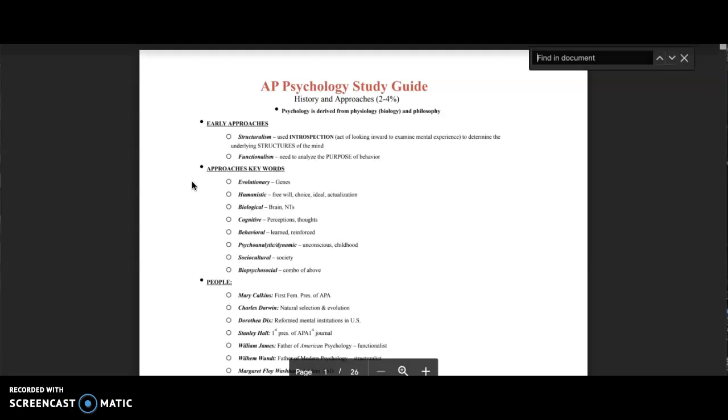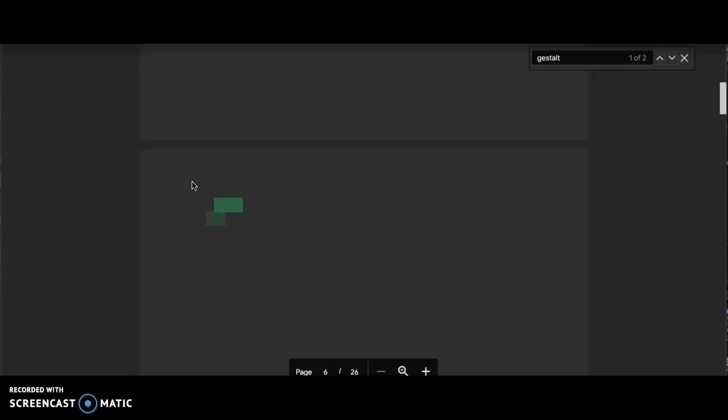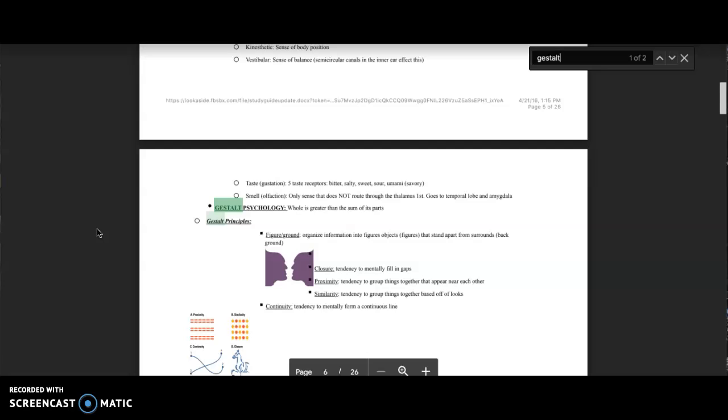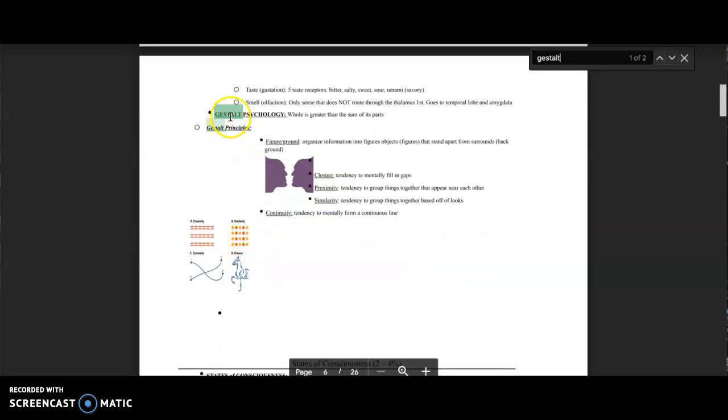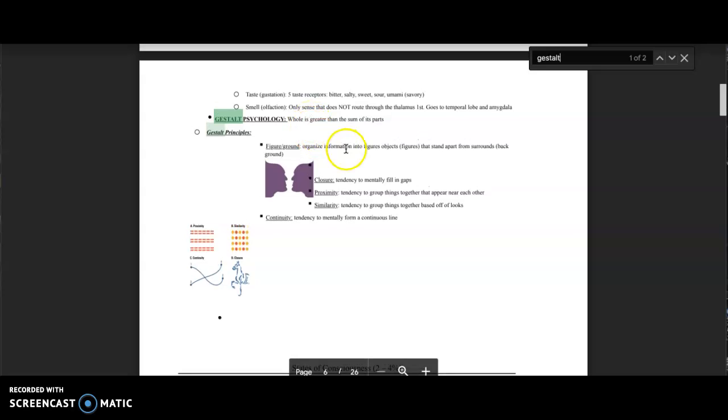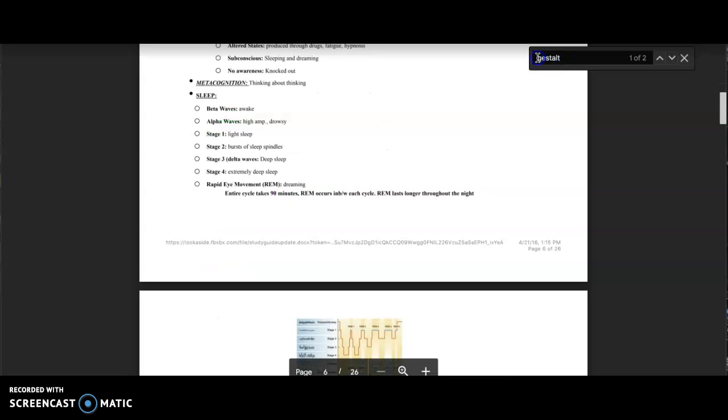I'm going to do Control F. And for example, if I needed to remind myself what is Gestalt principle of closure, I can easily jump to that part of the document and find a summary there, or if I needed to look up the other word, feature detectors.